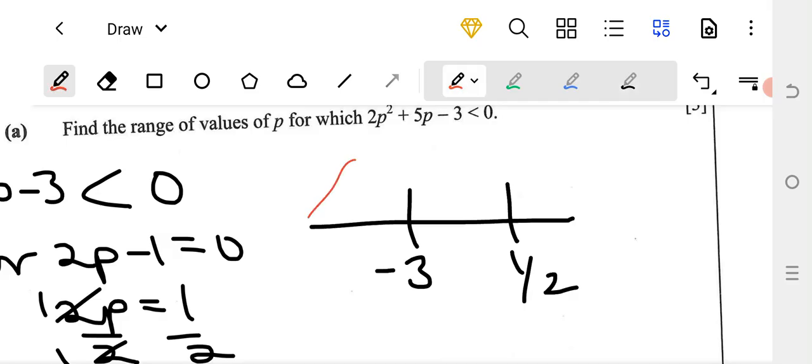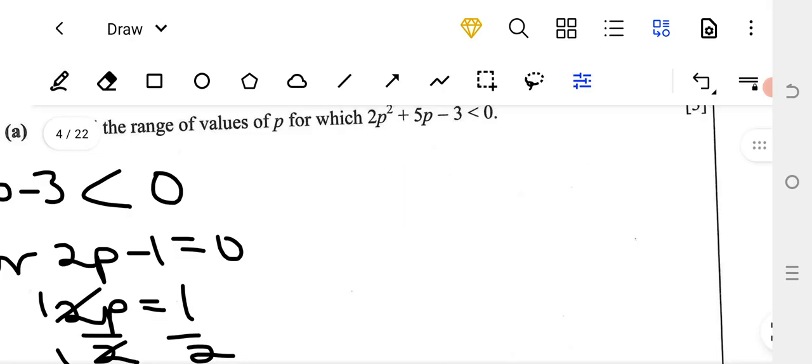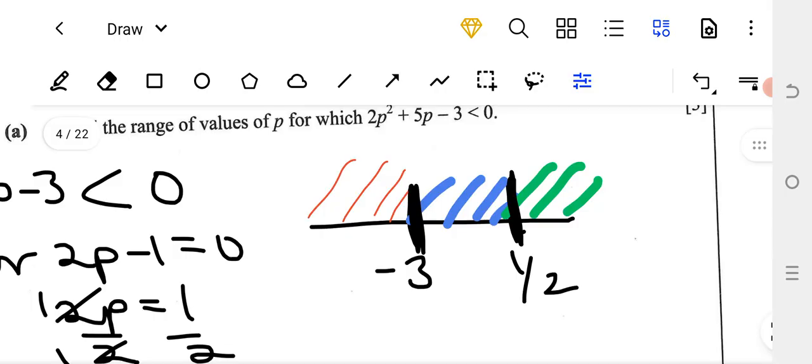The 3 regions are this part, which is less than negative 3, this part between negative 3 and positive 1/2, and then this part which is greater than 1/2. So I've created how many? 3 regions separated by this line. This line represents the 2 critical points. I hope you can see the regions. I've just thickened those lines. So those are the 3 regions created by the 2 critical points.